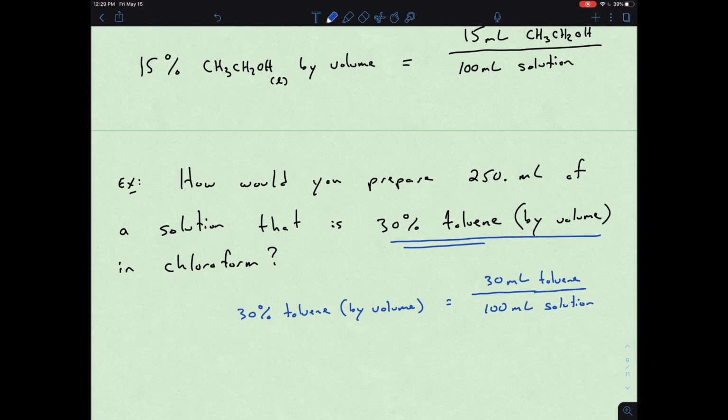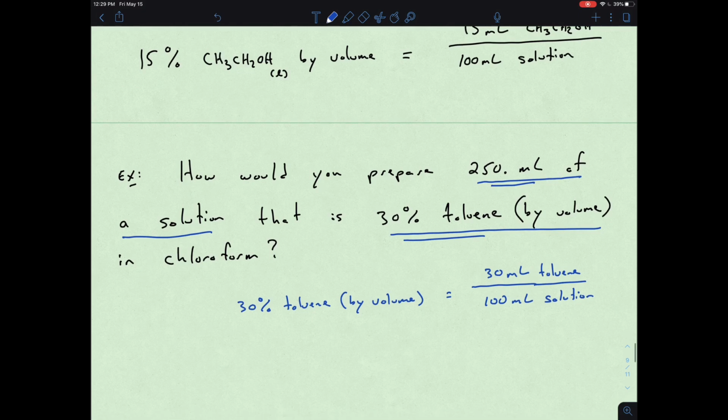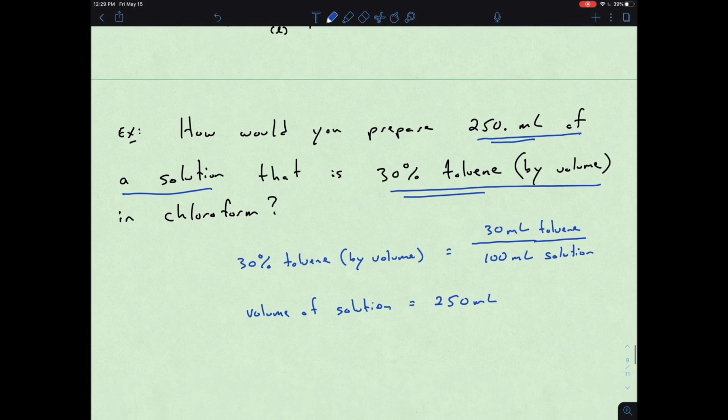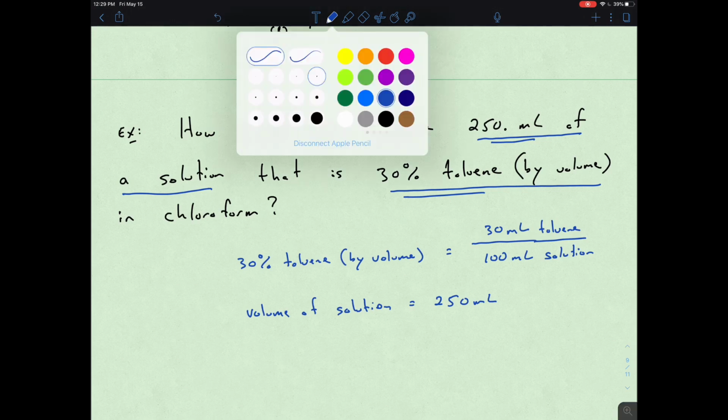We also know how much of the solution we have, the volume. It is 250 milliliters.